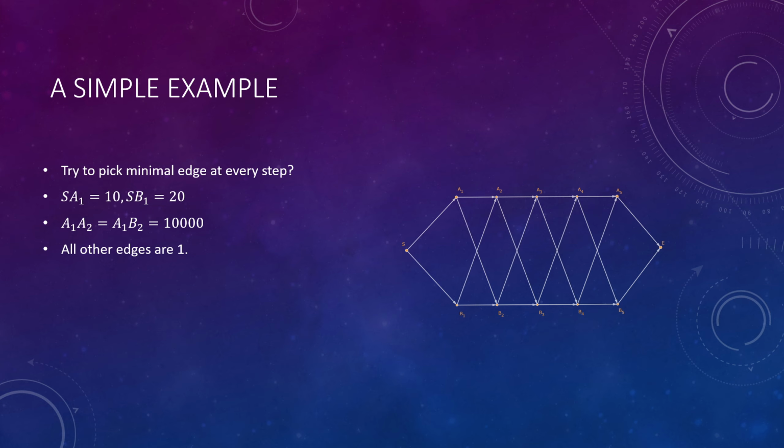So what happens now is that if I pick SA1 at the first step, because SA1 is the least expensive of the two edges, then the path is going to cost over 10,000. Whereas if I pick B1, I end up with a path that has a cost less than 30. So even though my first choice was not the most efficient one, in the end, I end up with a better path. So just picking the minimal edge is not going to work.